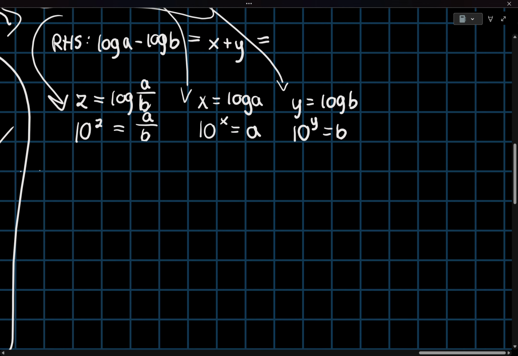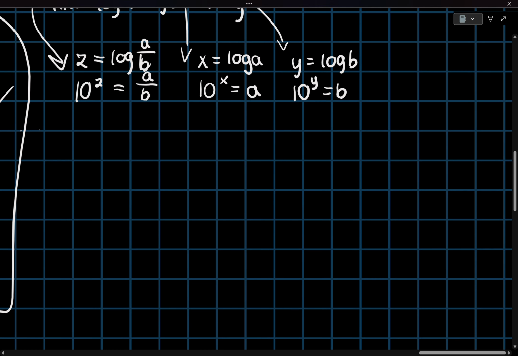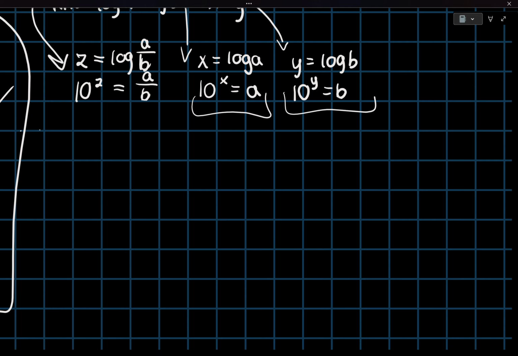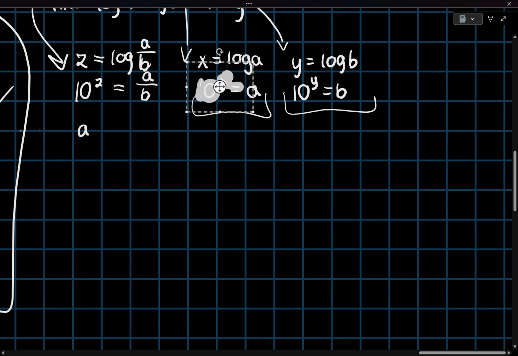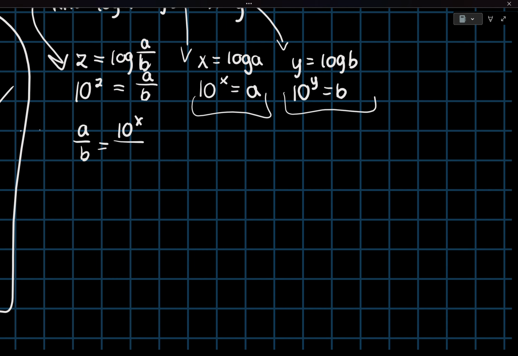And now we have to figure out how to connect z to x and y. And we can see that we can just divide this by this, and we will get a by b on one side and 10 to the power of something on another. So a divided by b equals 10 to the power of x divided by 10 to the power of y.